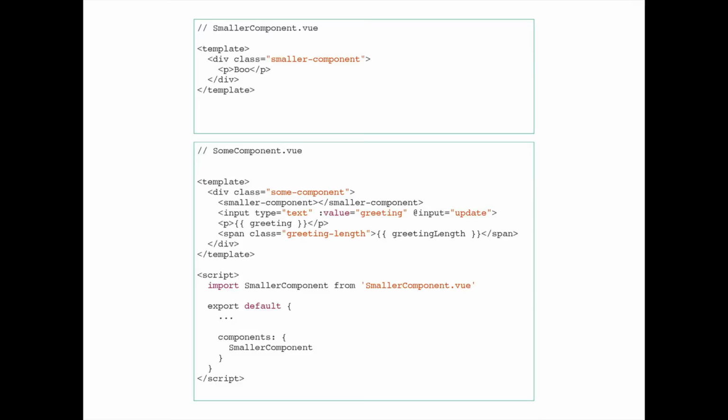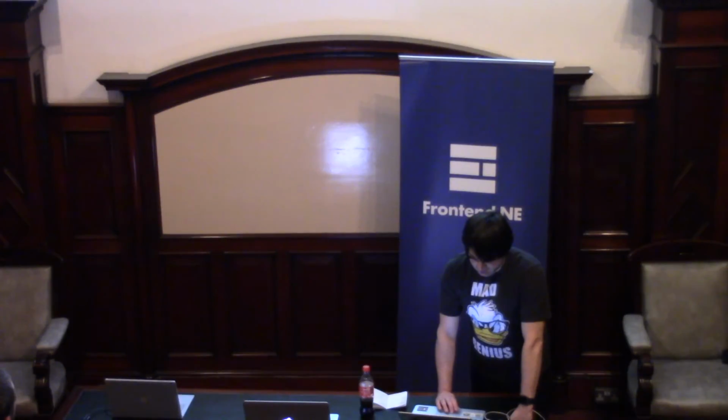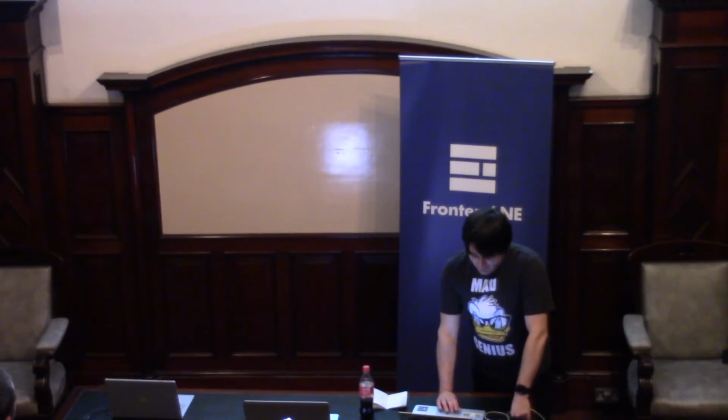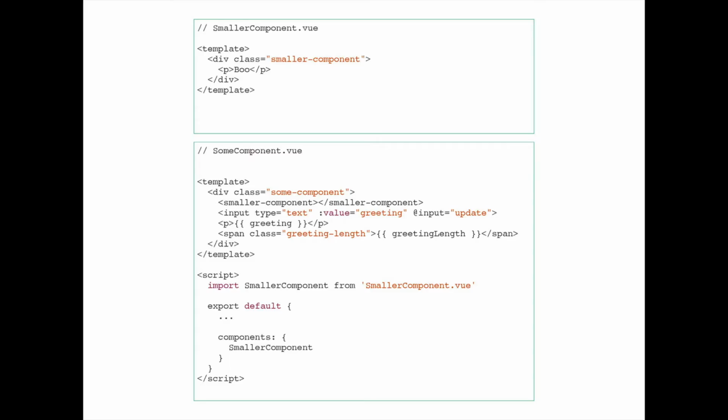On your larger component, you specify that you're having a smaller component, which I call smaller component here. You have to call it something. And when you put the component in down here, you can place that component inside of your template, kind of like that.